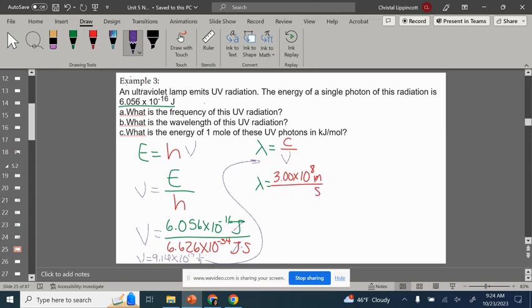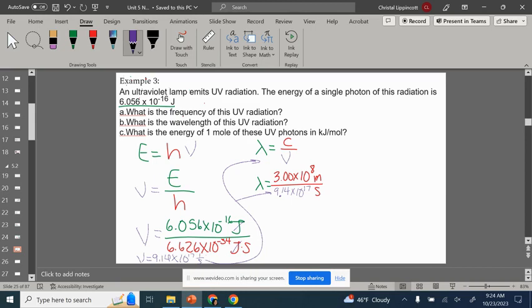All right. So my wavelength then is going to equal my speed of light over my frequency. And again, I'm just bringing that up from the previous problem. 9.14 times 10 to the 17th. And my units are 1 over seconds.